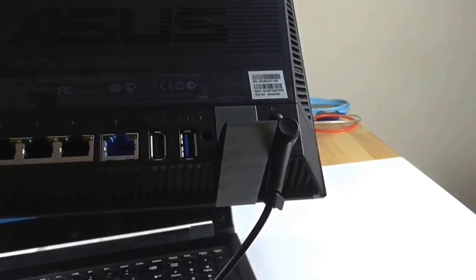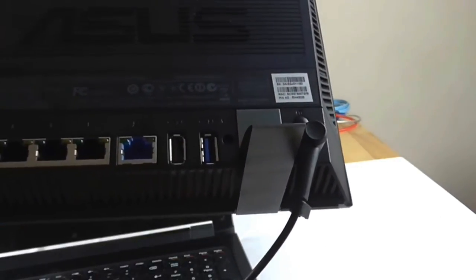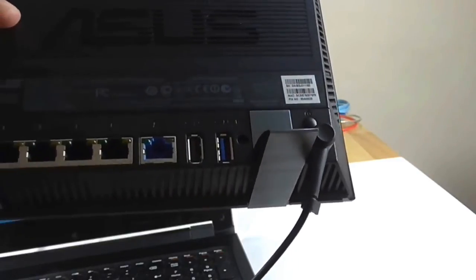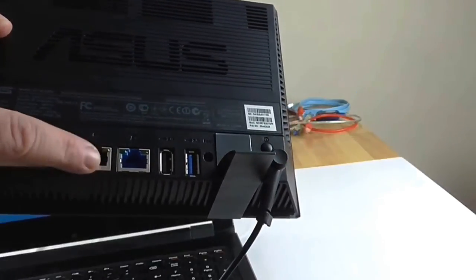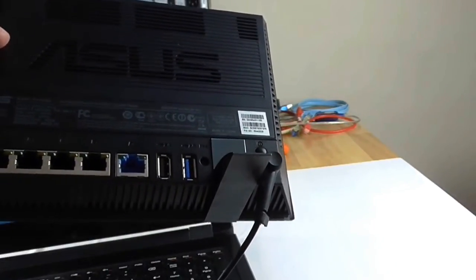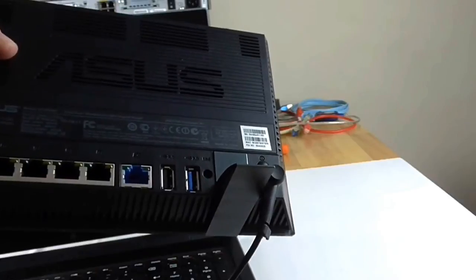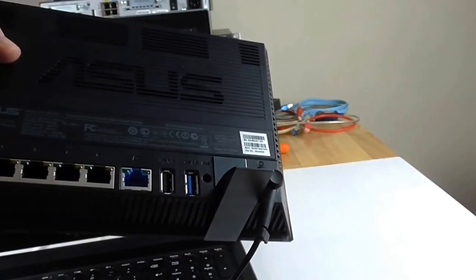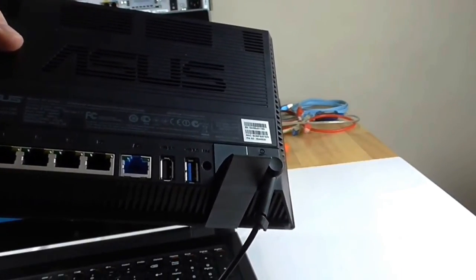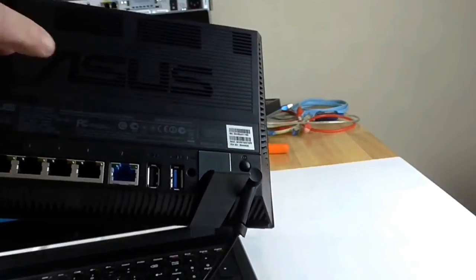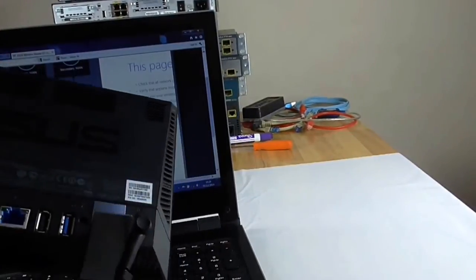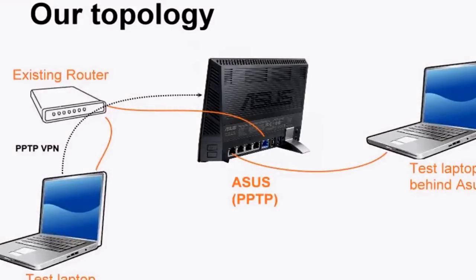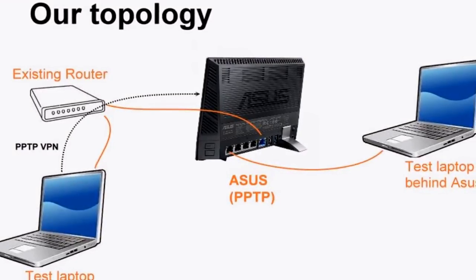That's why what I'm going to do, I will connect it to my router, and then I will take a laptop that you can see and will connect it to one of the LAN ports to simulate a local area network. Then I will connect to another PC in my network, will try and VPN to that guy, and through this router I should be able to access the main laptop using PPTP. We'll see how it works.